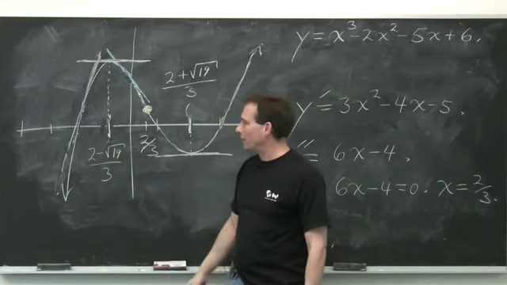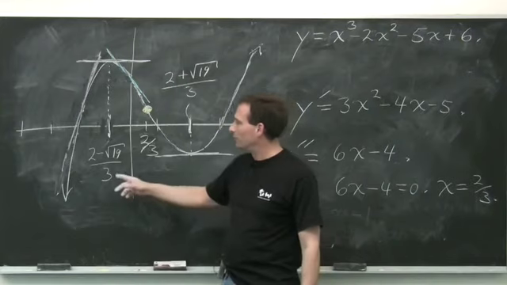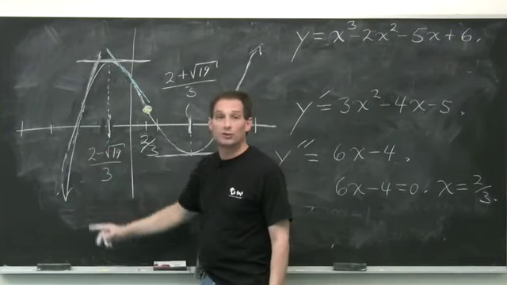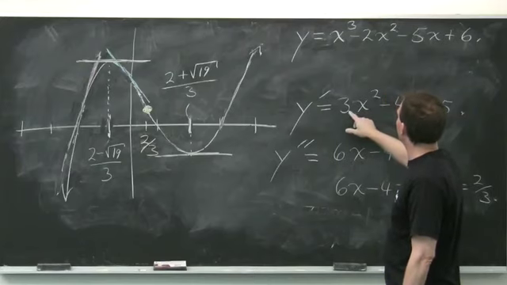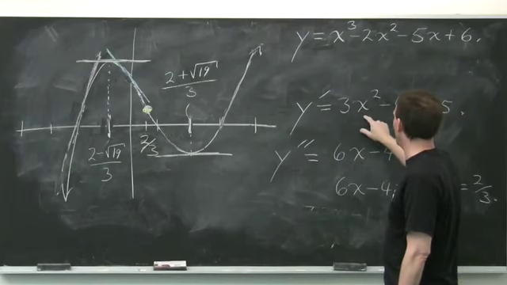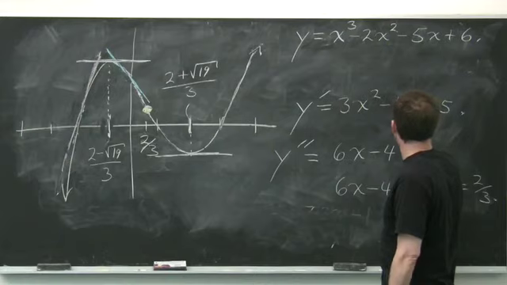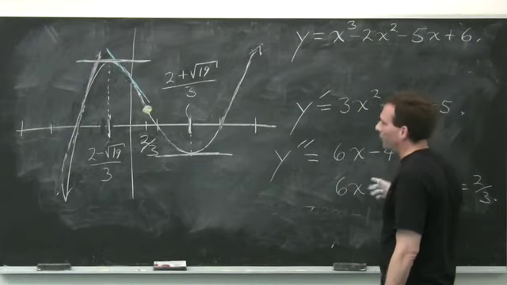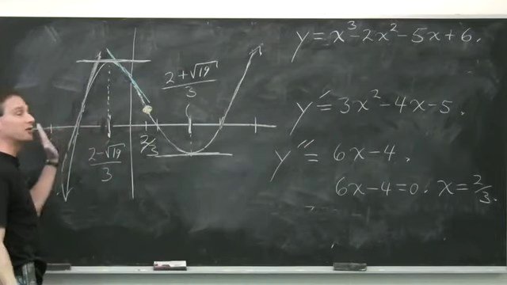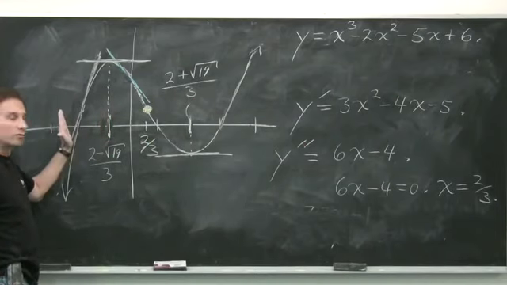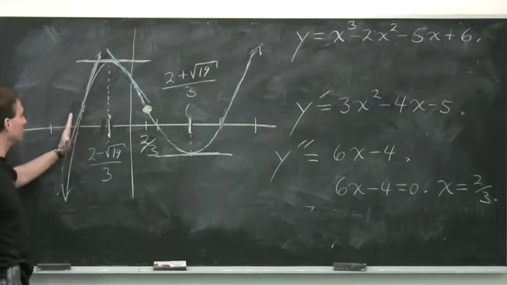Instead of picking something absurdly negative, you could just pick negative 2. When x is negative 2, you get 3 times 4, 12, plus 8, so 20 minus 5, 15. In any case, something positive. So the slope is positive everywhere for x less than 2 minus the square root of 19 over 3.